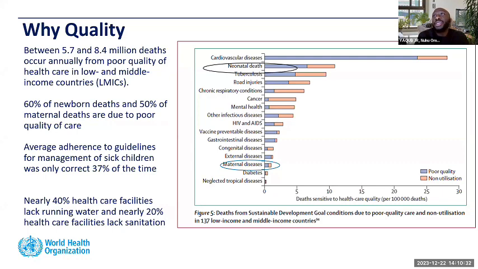In terms of health system support, up to 40% of healthcare facilities lack running water and 20% lack adequate sanitation. This is even worse in areas with protracted emergencies, in rural areas, and in facilities serving lower socioeconomic status.